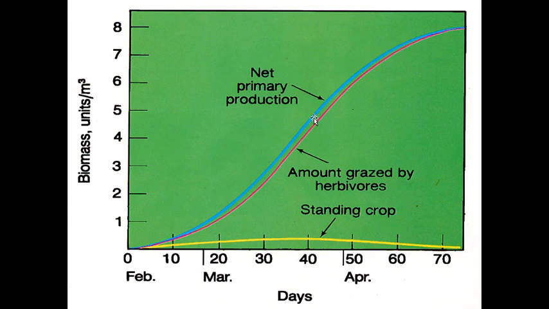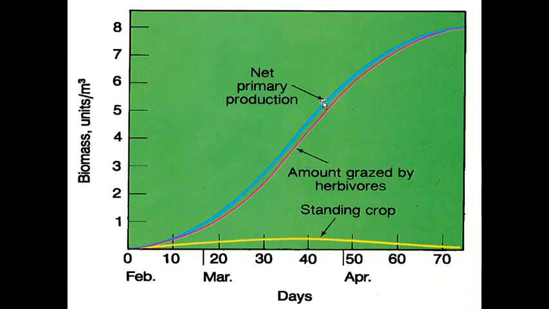It starts climbing, climbing, climbing, which causes a population explosion of that zooplankton, which then gobble up almost all of it. Notice the amount that's actually grazed by herbivores mirrors this increase beautifully, meaning both of those are eaten down.